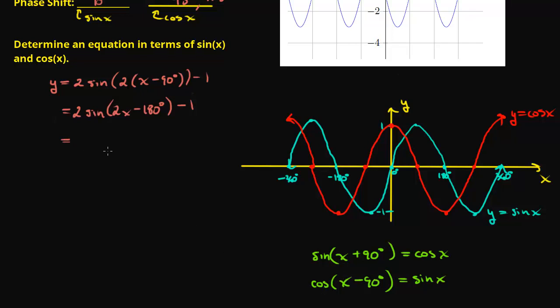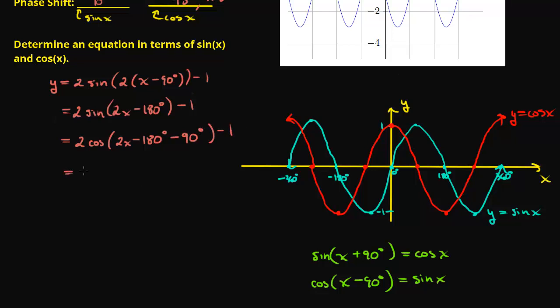If I want to write sine of x in terms of a cosine curve, using this identity, this is equivalent to 2 times the cosine of 2x minus 180 degrees minus 90 degrees, minus 1.